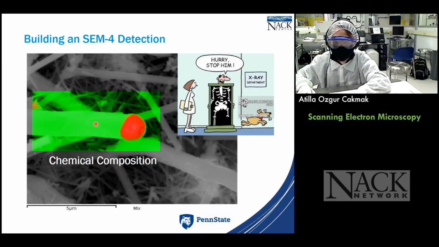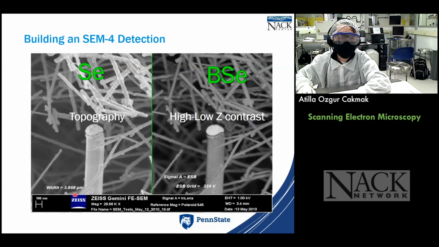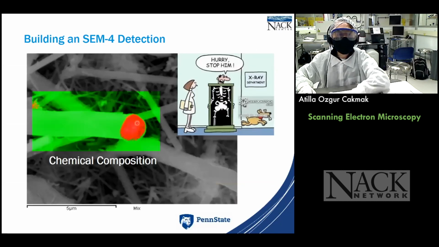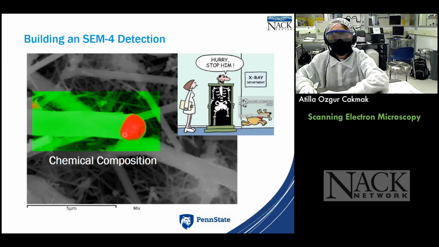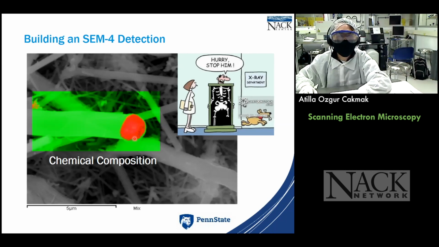This is still the same sample, the same silicon capped with gold, okay? So this is gold at the top. That's the high atomic number compared to the silicon. In here, you can really color code where each element is located. The silicon is here, and silicon is here, the green one, and the gold is here, that's the red one.